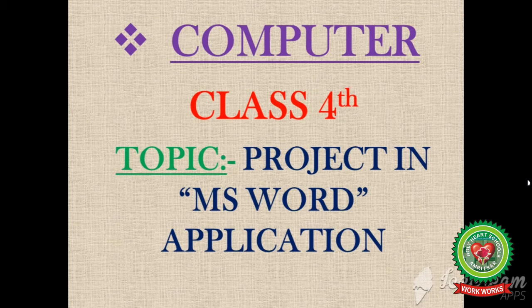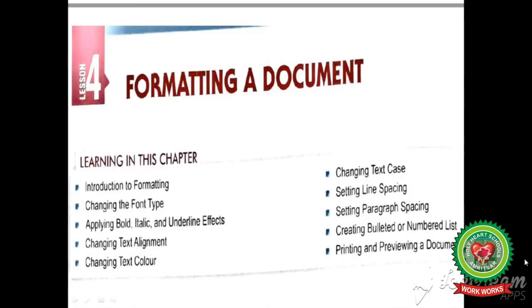Today, I will teach you how to make a project in MS Word application. Previously, we have learnt about introduction to formatting, changing the font type, applying bold, italic and underline effects, changing text alignment, changing text color, changing text case, setting line spacing, setting paragraph spacing, creating bulleted or numbered list, and printing and previewing a document.